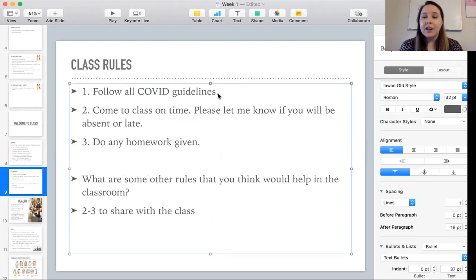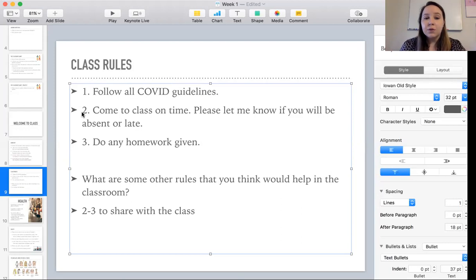That means when we are in the classroom, you need to wear your mask. You need to stay 6 feet apart from each other to make sure we are all safe. If COVID changes, if the school's rules change, our class might have to change a little bit. So be aware of that, and I will let you know if anything changes.